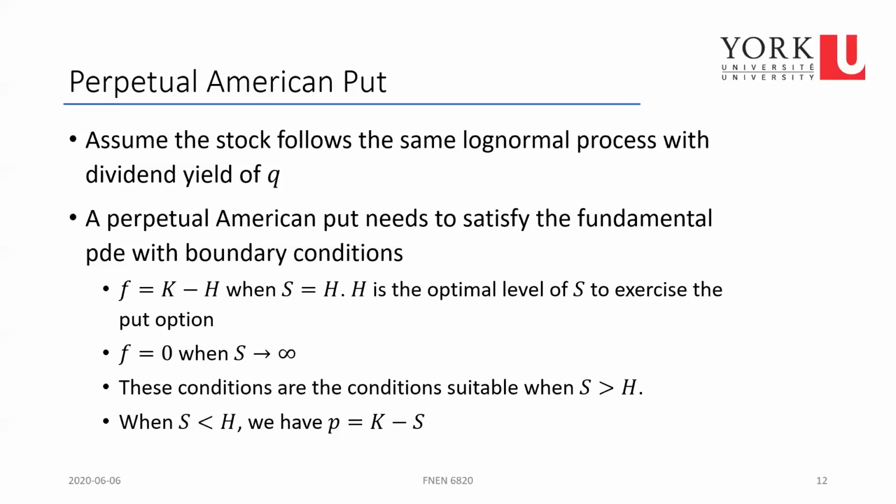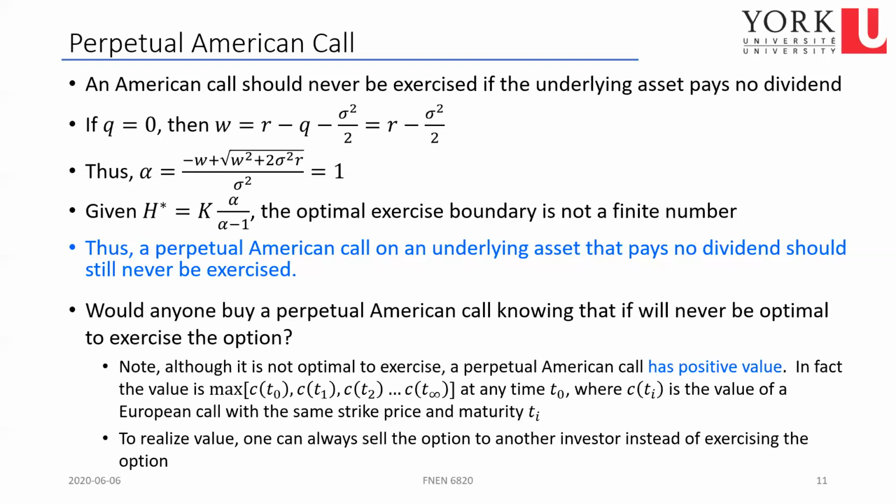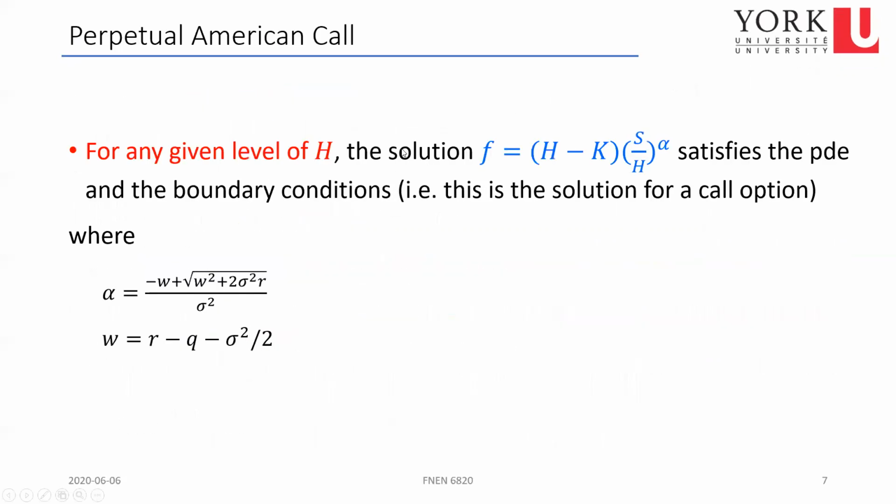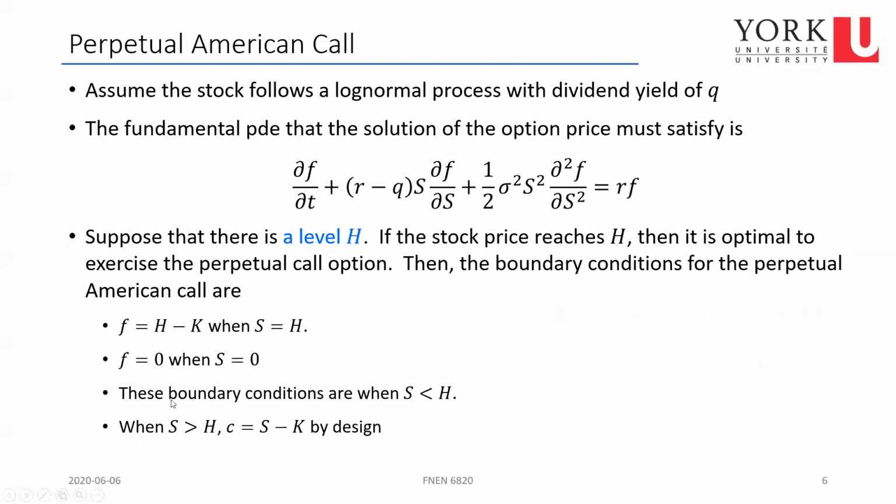If you look at the options for the American put before this price, that price will also give you a condition that as the stock price goes to 0, the value of the option should also be 0.